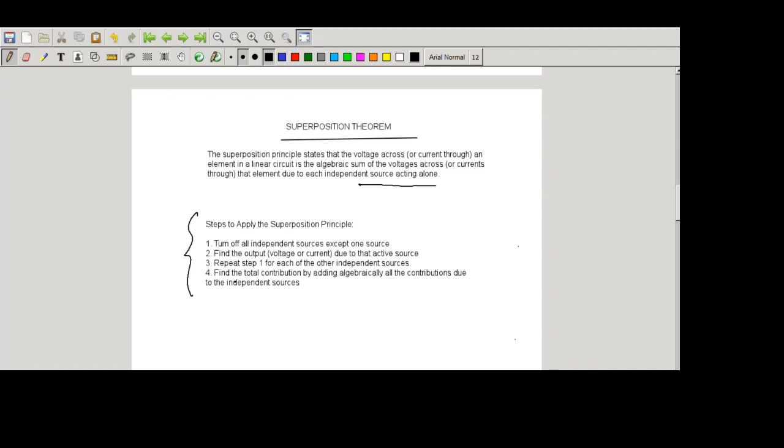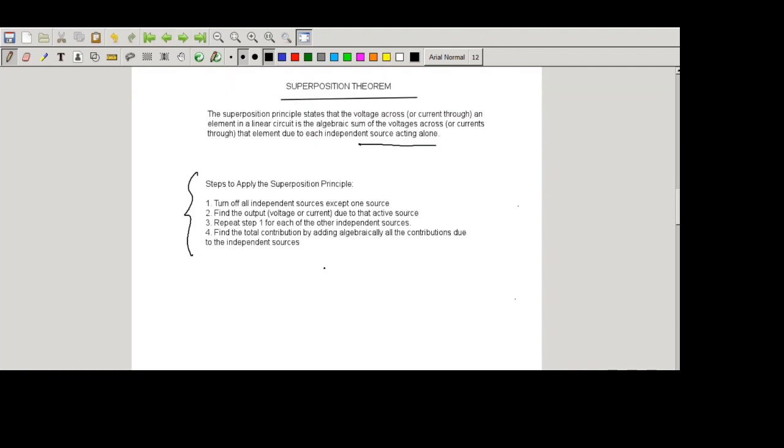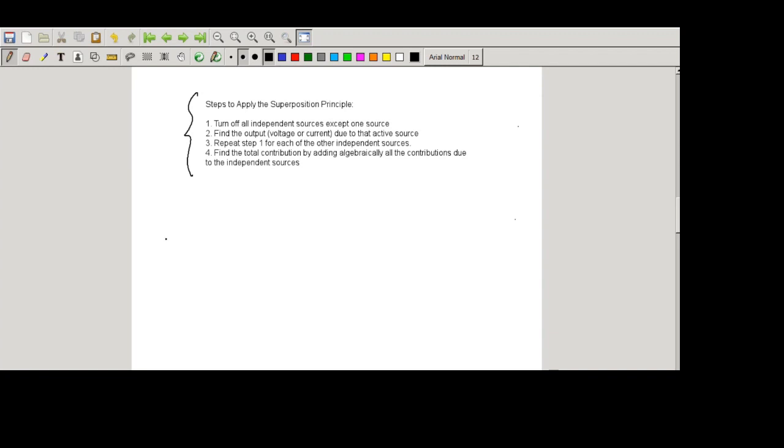Now if we draw a circuit for the superposition theorem, with two or more sources, then we can solve the equations using the superposition theorem. Now I draw one circuit where two sources are there.